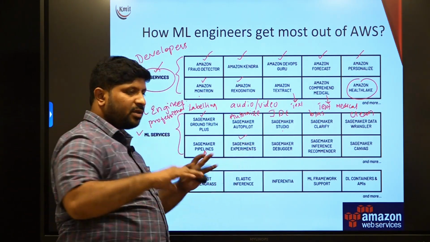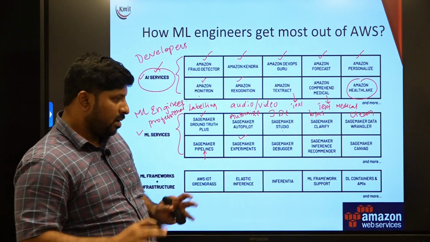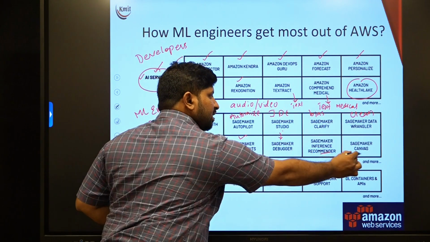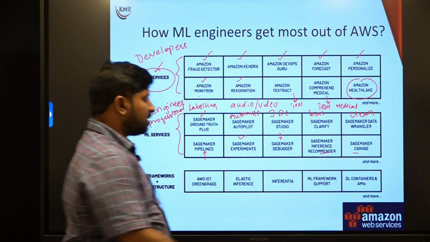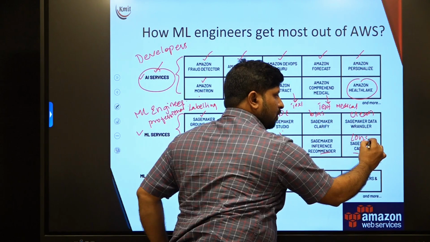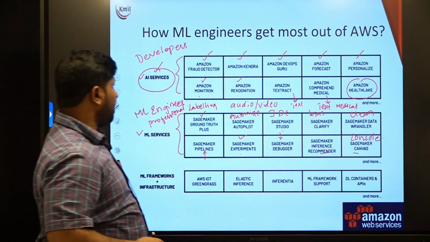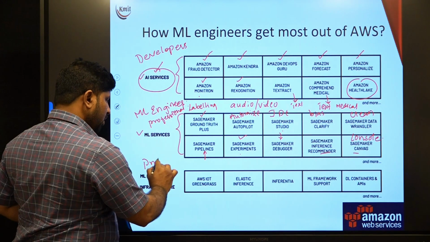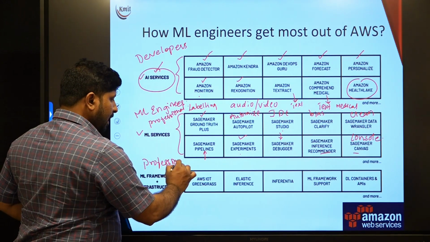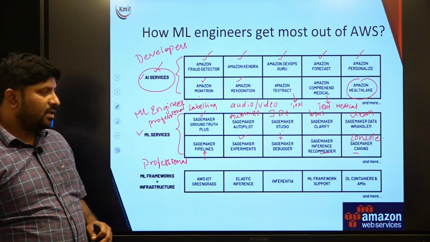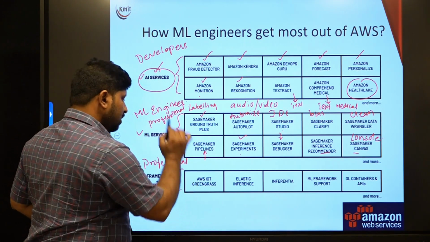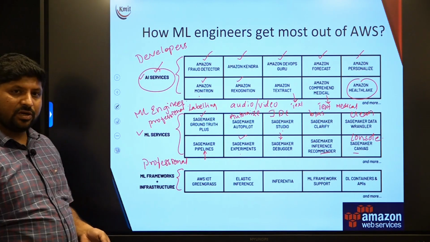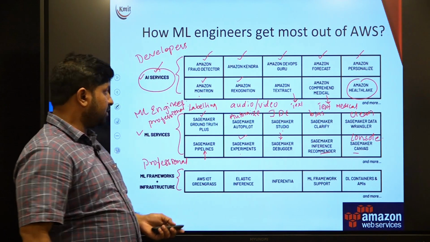If you want to compare multiple models, you can use Experiments, Debugger, Inference and Canvas. Canvas is just like a console. Various services are available with Amazon. Likewise, if you are a pure hardcore professional and you want to customize everything, then you can use the services which fall under machine learning frameworks or infrastructure.